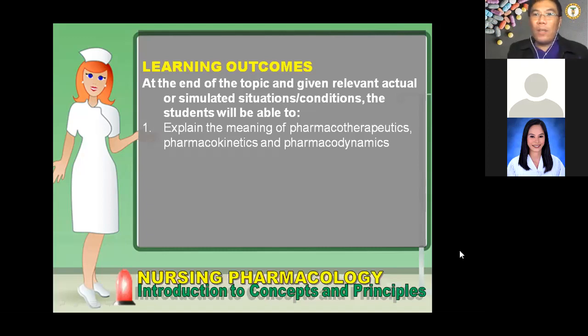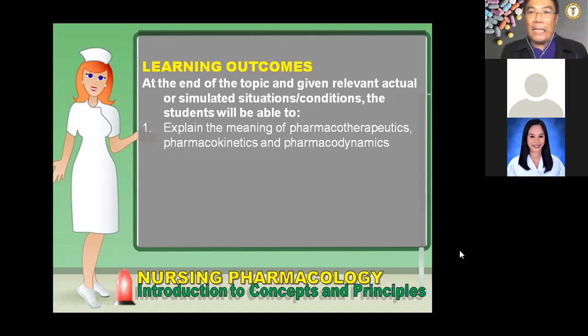Kaya if you will notice and observe, which of the following routes of administration could have a higher chance of effect of the drug? One, sublingual, so that's under the tongue. Second, oral. The drug will be swallowed and reach the stomach.